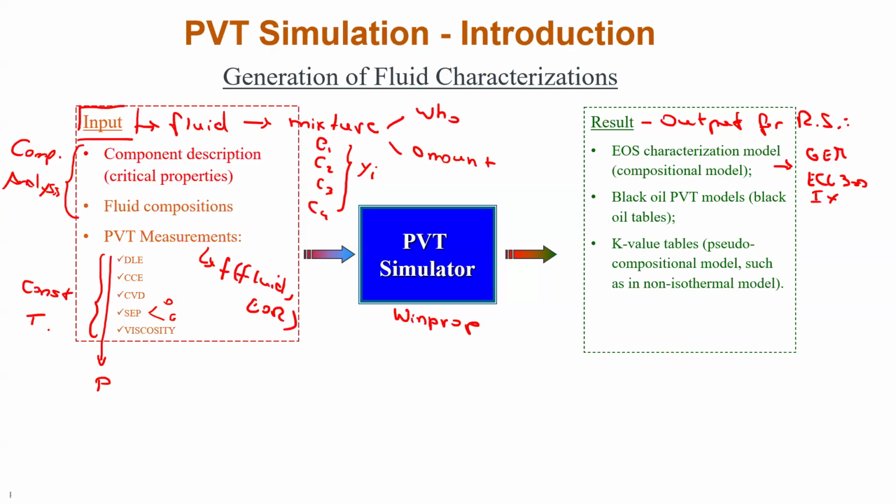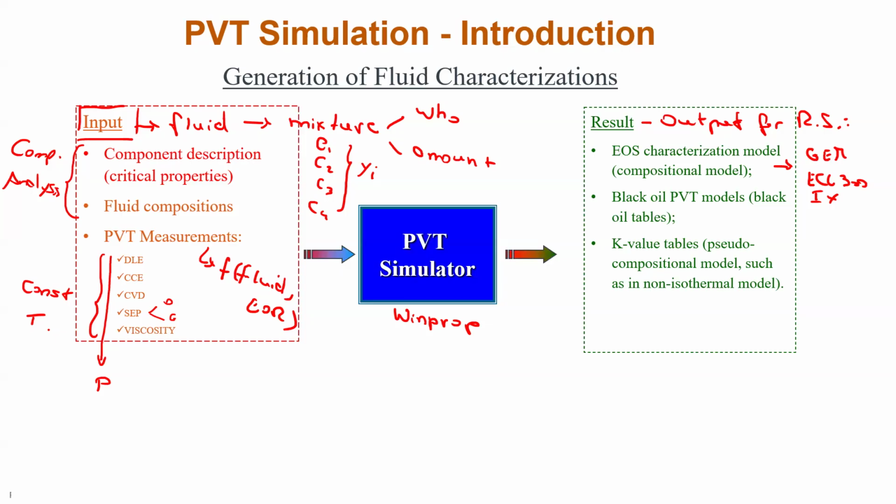PVT model is an isothermal approach, so the temperature doesn't play any relevant role in this concept. So everything runs at constant temperature, but the pressure will control all the variation in volume related to the phases, oil and gas and water in porous media.